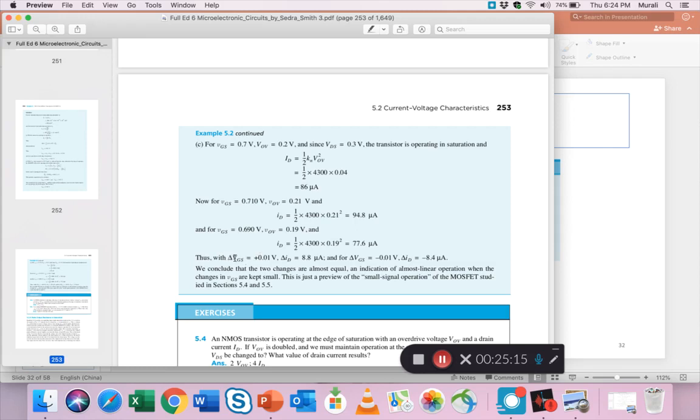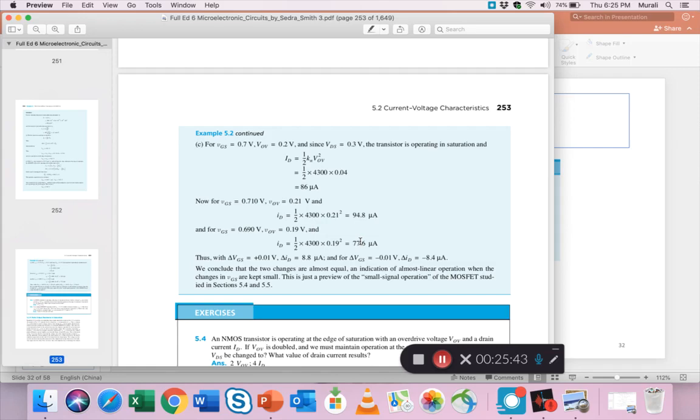So he's making the point that for a change of 0.01 volts, we dropped by 8.8 microamps, and for a rise in 0.01 volts we rose by about 8.4 microamps. This is just a preview of the small signal business that we'll study later.